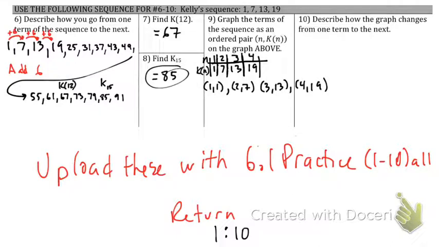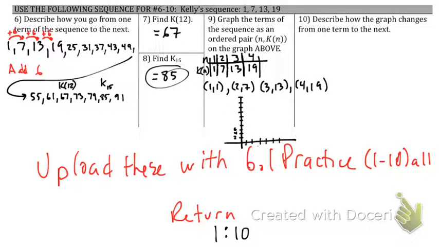All right, I'm going to do a little graph here. We'll go by 2, so 2, 4, 6, 8, 10, 12, 14, 16, 18, 20. And here we'll go by ones. 1, 2, 3, 4, 5, 6. All right, so let's plot these. 1, 1 is right here.